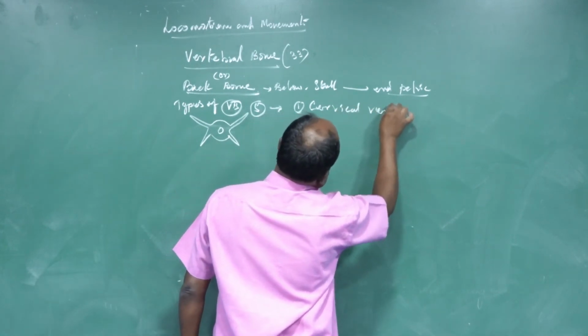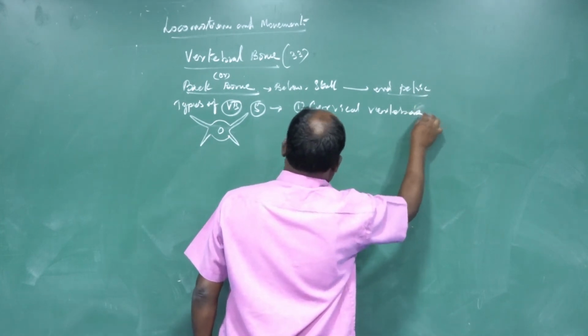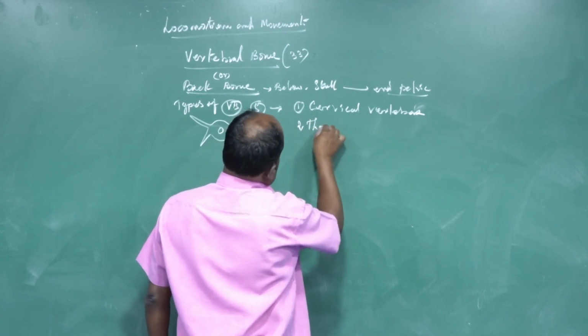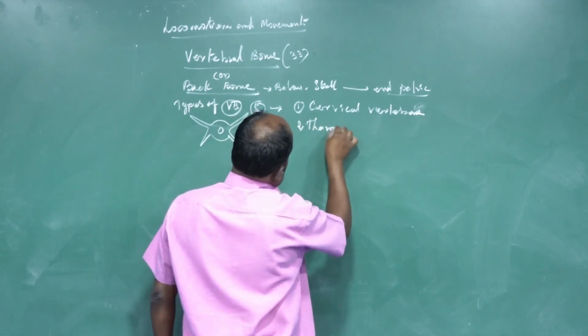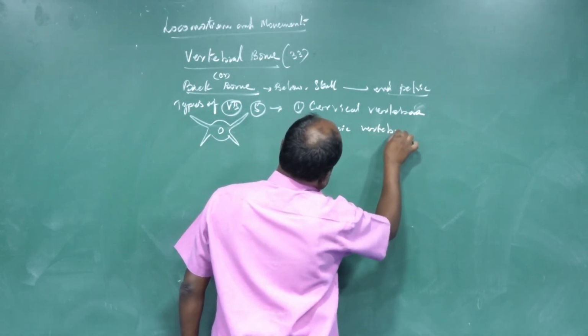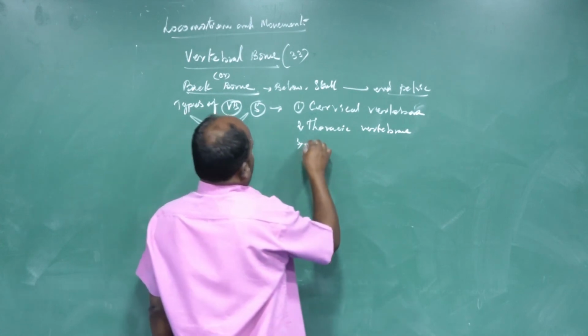The second one is thoracic vertebrae. The third one is lumbar.